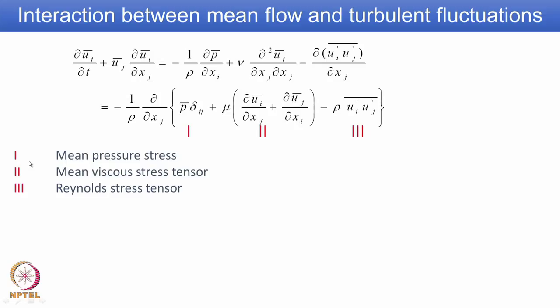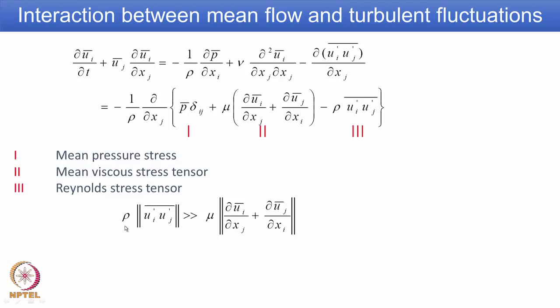The first term represents the mean pressure stress. The second term is because of the laminar viscosity, that is the dynamic viscosity mu. So, it is called the mean viscous stress tensor. It is mean because we are using u_i bar and u_j bar. The third term is actually the Reynolds stress tensor, and this is an extra term coming because of the averaging procedure applied on the convection term.